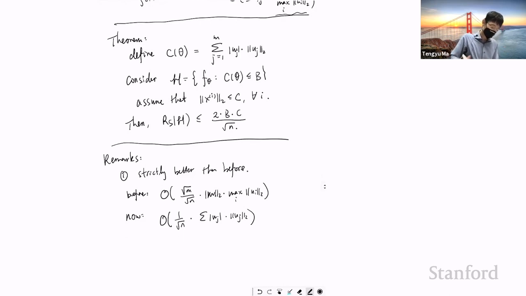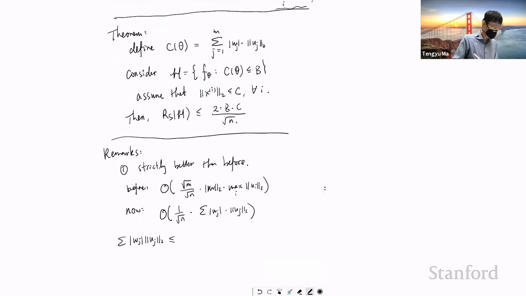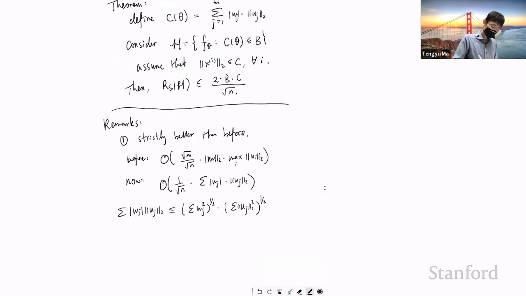And the reason is just that if you do some simple inequality, you can see that this is less than, so you first do a Cauchy-Schwarz, you say this is less than the sum of wj squared to the power half times the sum of the 2 norm of uj squared to the power half. And then the first term becomes the 2 norm of w.